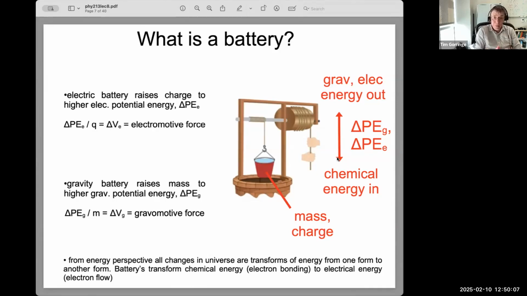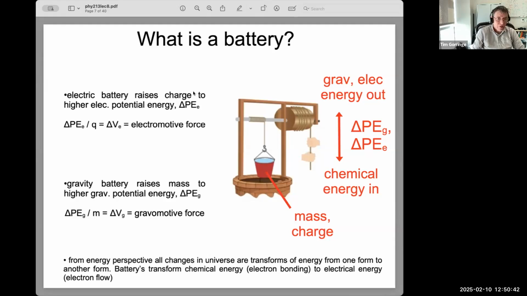Likewise, an electrical battery raises not mass but charge, what experiences the electrical force, to a higher electrical potential, a higher electrical energy. So the gravitational battery here, the water well, and an electrical battery, a 1.5 volt or 9 volt battery from Kroger's, do similar things in raising either mass or charge to higher electrical or gravitational energy.